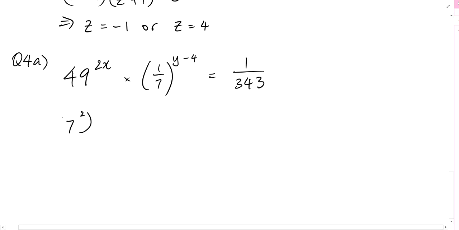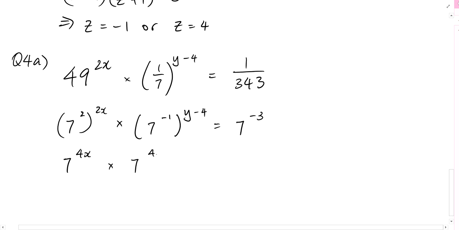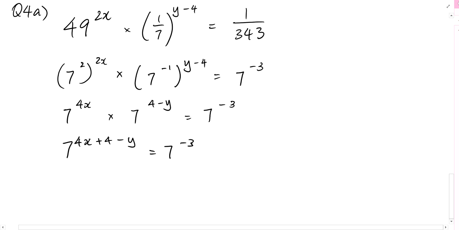So 7 squared, to the power of 2x, times 7 power negative 1, y minus 4 equals 7 power negative 3. 7 power 4x times 7 power 4 minus y equals 7 power negative 3. 7 power 4x plus 4 minus y equals 7 power negative 3. So my first equation: 4x plus 4 minus y equals negative 3.